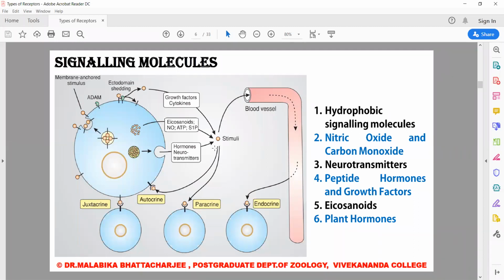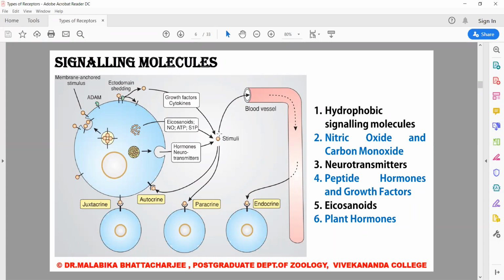Now, if you look into the stimuli, the four categories have been shown here. There can be growth factors, is one kind of stimuli, growth factors and cytokines. There can be eicosanoids, nitric oxides, which we will be coming into one by one. There can be hormones and neurotransmitters.